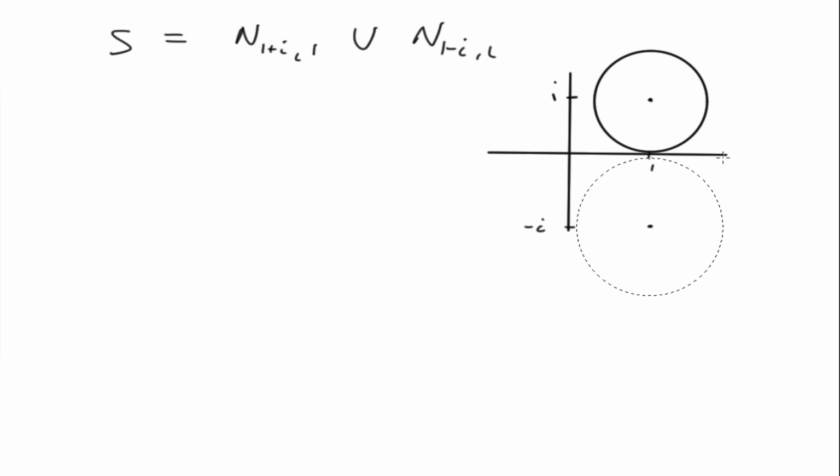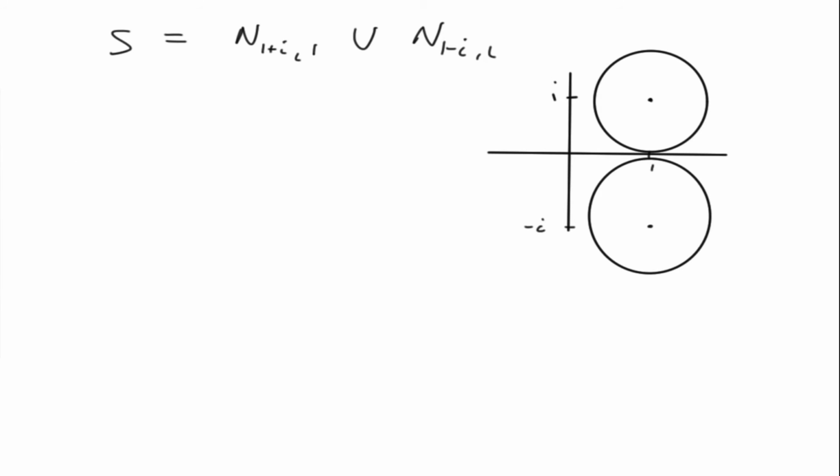I didn't scale these very correctly, but hopefully we can move those in. Anyway, sorry about this. I'm still learning how to use this new tablet that I have. So let's try redoing that. It goes something like that.